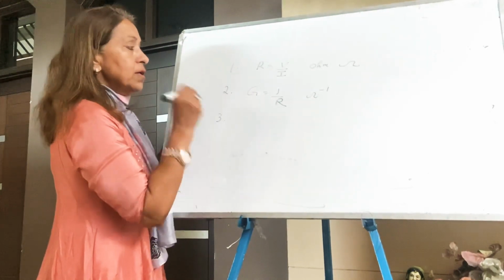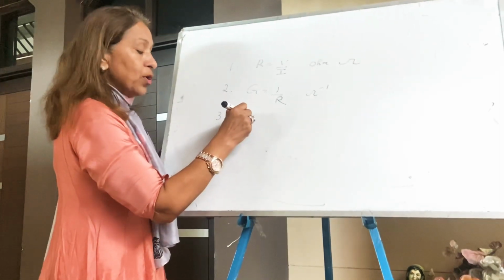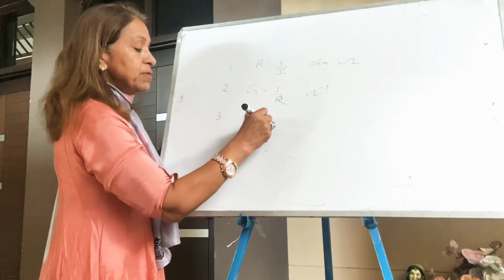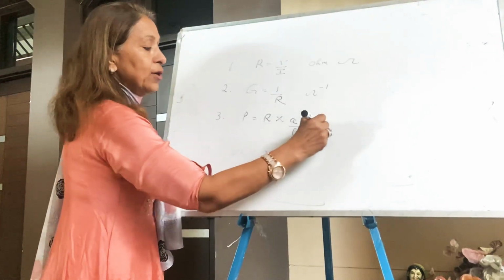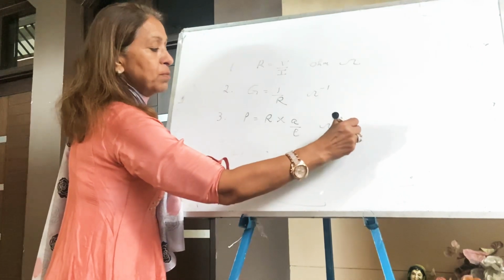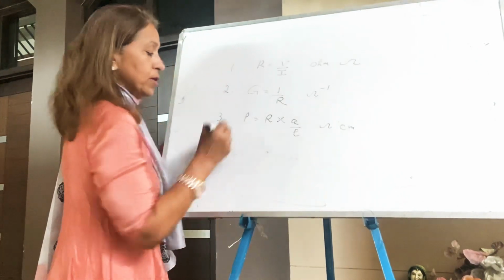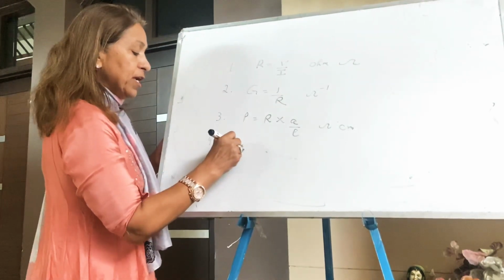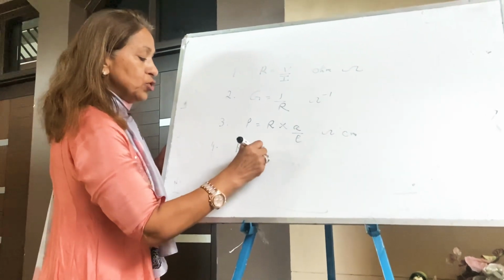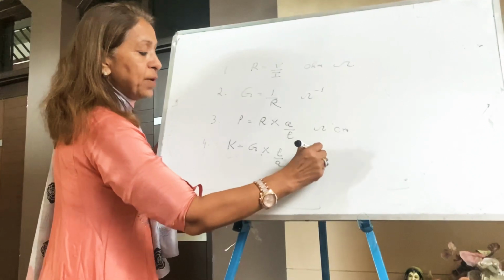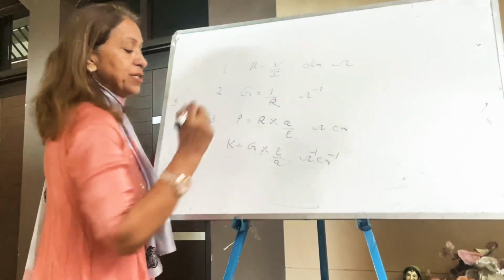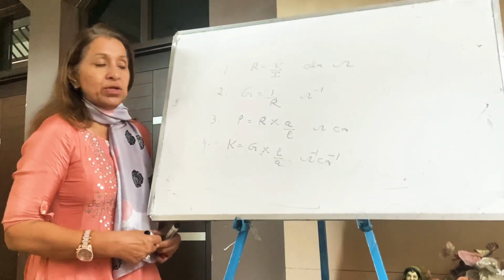Third is rho, resistivity. Resistivity is equal to R into A by L. Unit is ohm centimeter. Next is conductivity K. K is equal to G into L by A. Unit is per ohm per centimeter. Four formulas we have covered.